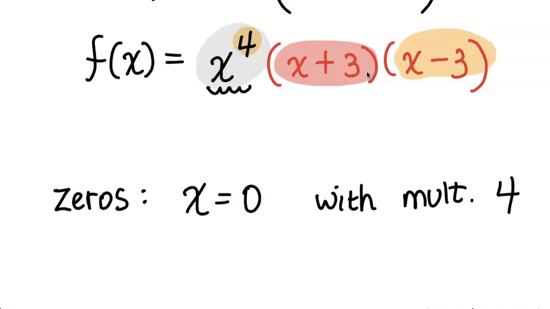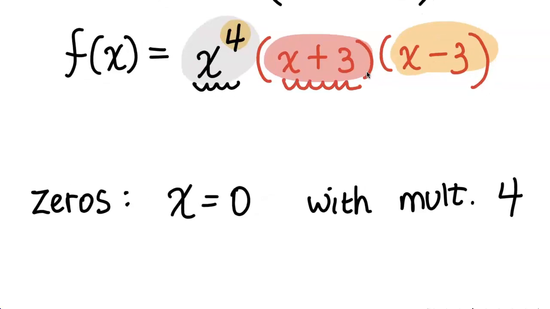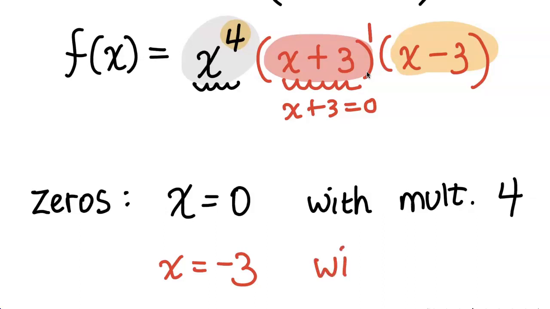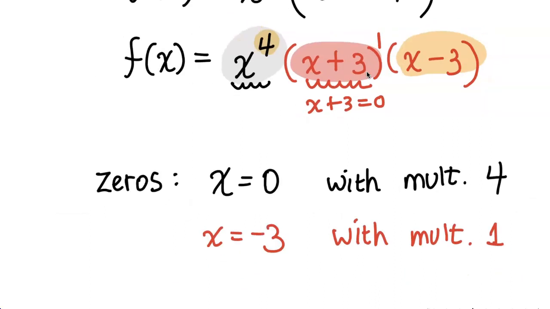Next one, what is the 0 from this one? When x plus 3 is set equal to 0, we can say that the second 0 is going to be x equals negative 3. Notice there's no exponent written, so that factor must be raised to the 1st power. So we'll say with multiplicity just 1, or no multiplicity.